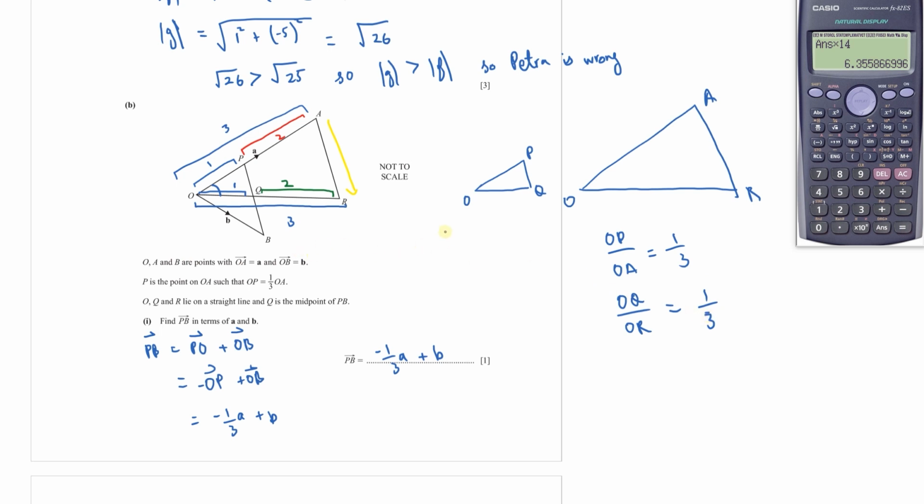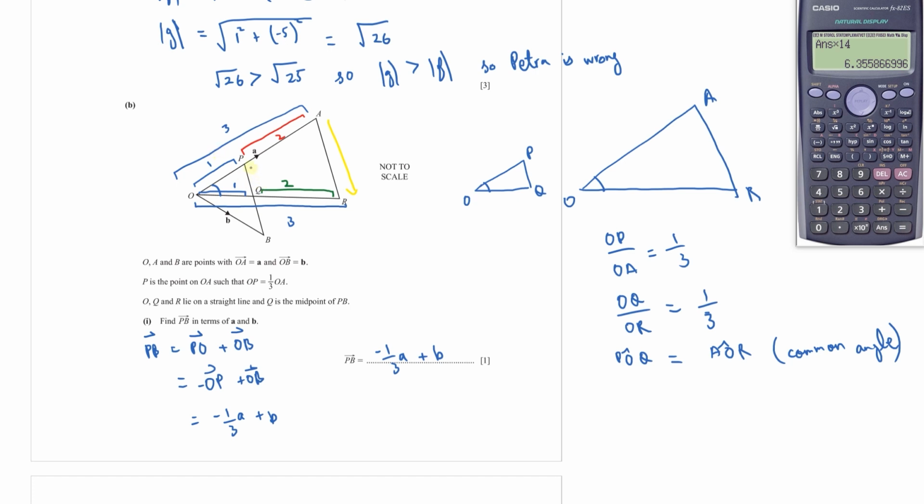So we have shown that the ratio OP over OA equals the ratio OQ over OR, and the angle between them is the same. Angle POQ equals angle AOR. It's the common angle. So that means these triangles are similar.